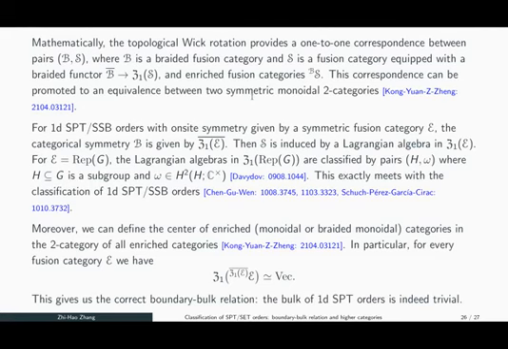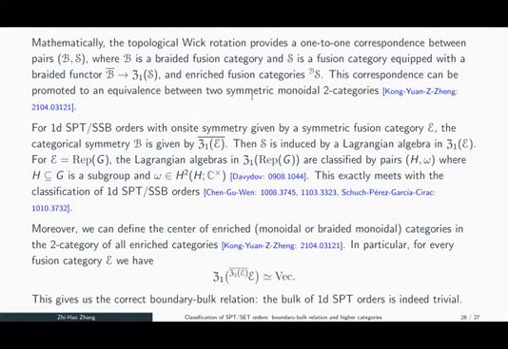Yes. I want to ask, if your 1D SPT or SCT symmetry is given by a symmetric fusion category, and if this symmetric fusion category is like Vec_G^omega, then the virtual bulk is somehow anomalous, right?